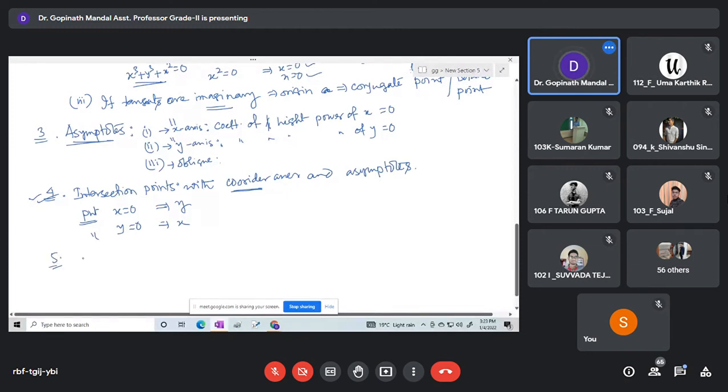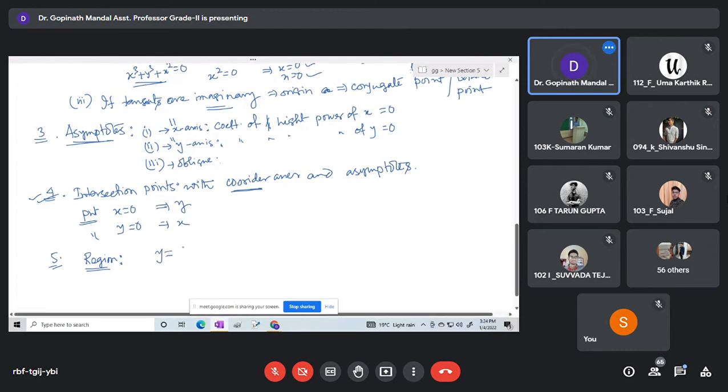And the fifth point is the region. We have to find out the region where the curve lies. To find the region, actually we have to check the equation, not solve it, check the equation for every value of x and y and examine the region.